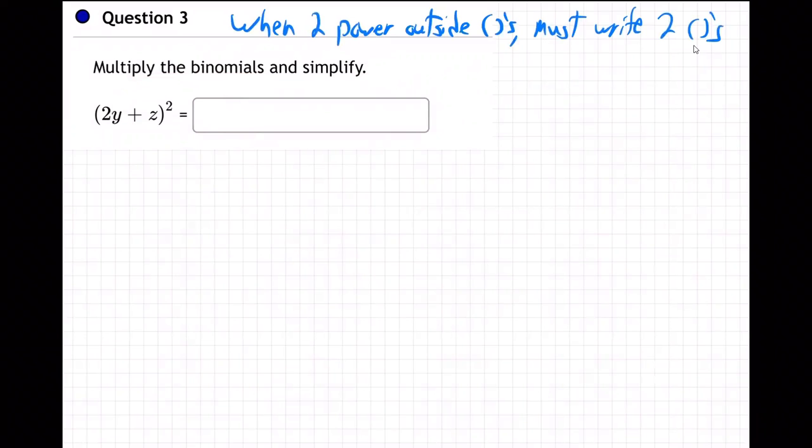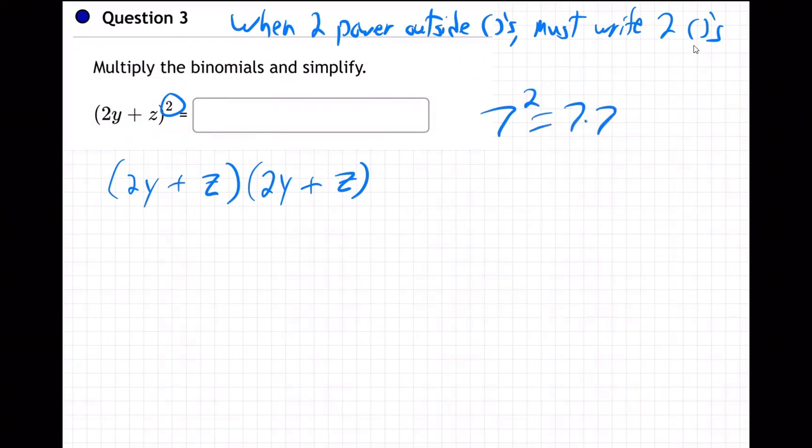So you've got to write it as 2 parentheses. So it's got to be 2y plus z and another 2y plus z. That's what the 2 means, right? We know that, huh? If I write 7 with a 2 power, it means 2 7s multiplied together, doesn't it? So if I write 2y plus z with a 2 power, it means 2y plus z times 2y plus z.